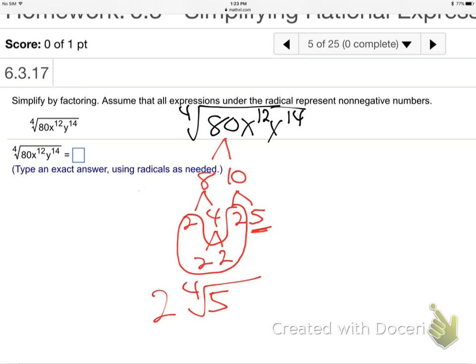Let me write all the X's one more time: 3, 4, 5, 6, 7, 8, 9, 10, 11, 12. So 12 X's, and you're sending out groups of 4. So if you're going to buy 12 items at Target, and they say, hey, things are on sale today, 4 for 1. 12 items on sale, 4 for 1.